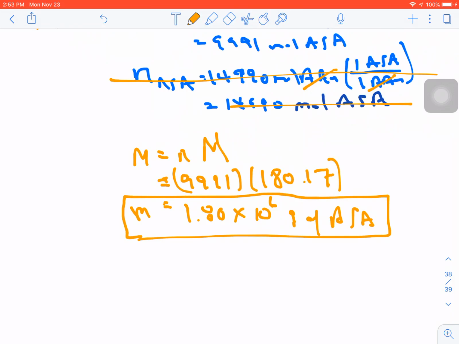Kleenex is actually the brand name, right? And napkins are the word that we often use. All right, so ASA is the chemical name, and aspirin is the trade name. It's one company's name for aspirin. It was the first company to sell aspirin. So most of us still know it as aspirin, but ultimately it's called ASA.